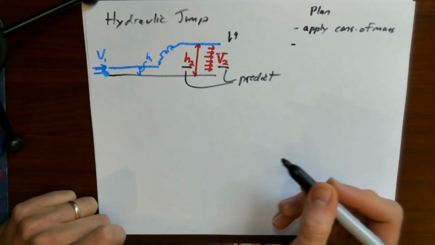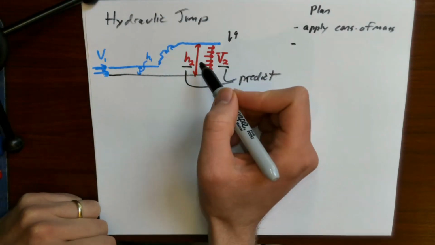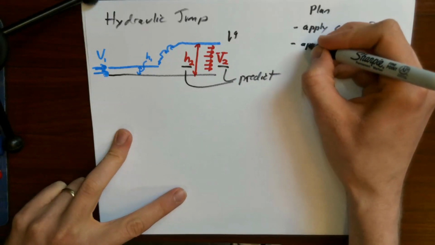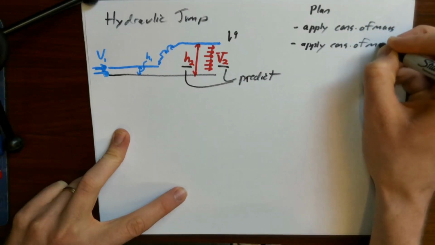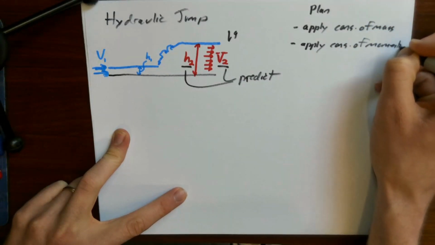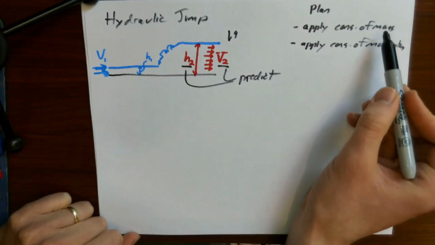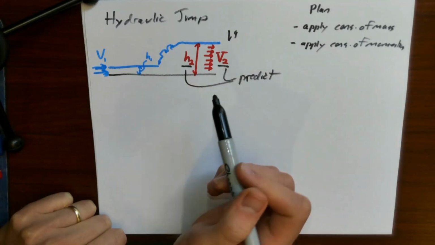And it turns out that although I'm not explicitly talking about what forces might exist on this control volume, we're also going to need to apply conservation of momentum, because if we just applied conservation of mass, that would give us one equation, but we have two unknowns that we're looking for.